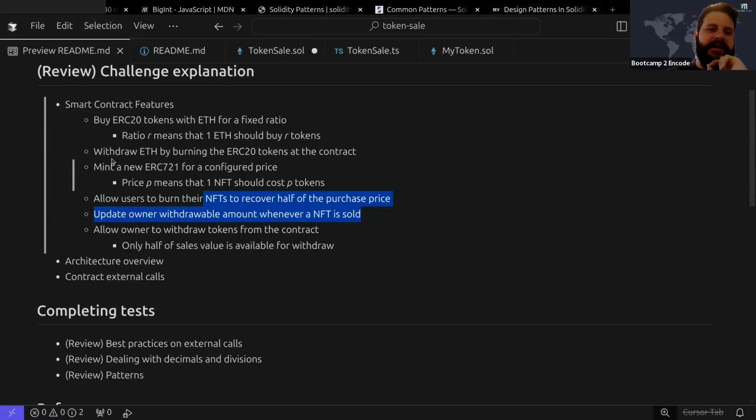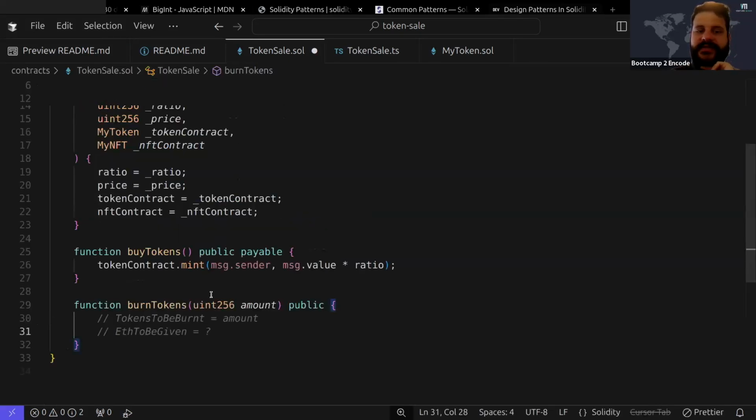Here it is this scenario: withdraw ETH by burning ERC20 tokens at the contract. So if the ratio is 10 and I send one token to be burned, I'm going to get 0.1 ETH back, right? I paid 1 ETH for 10 tokens, right? So it's going to be the amount divided by ratio.